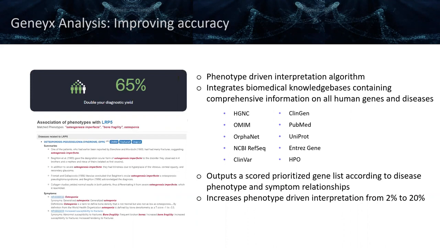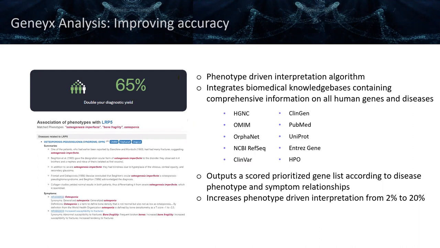On the left-hand side, you can get a brief snapshot of what it's doing. Essentially, it highlights the key search terms. So it uses your matched phenotypes that you've entered, and then it highlights those search terms across the biomedical knowledge bases. In this example, you can see we have information being pulled in from OMIM, Orphanet, and UniProt, and it's highlighting those key search terms.